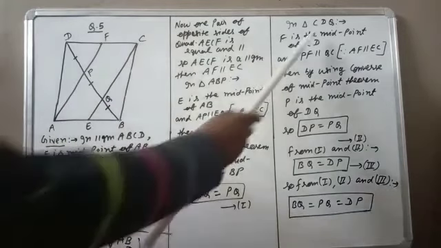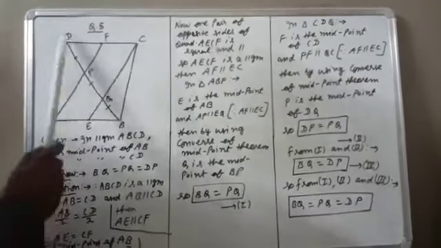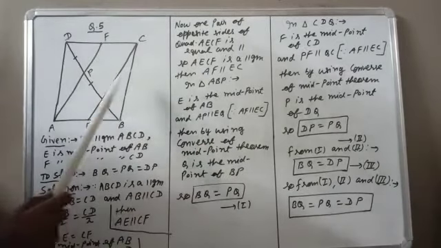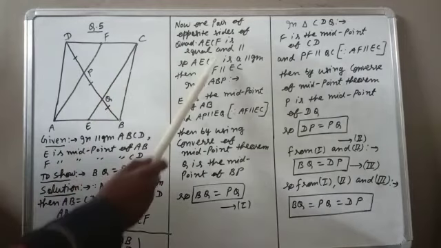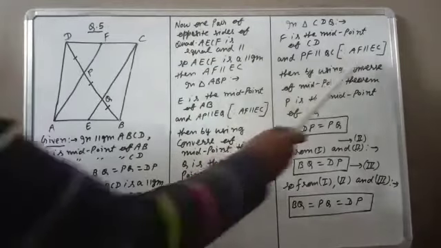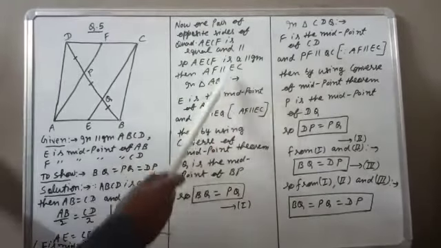Now we take triangle CDQ. In this, F is the midpoint of CD. Also, PF is parallel to QC, and the reason is again the same, AF is parallel to EC.